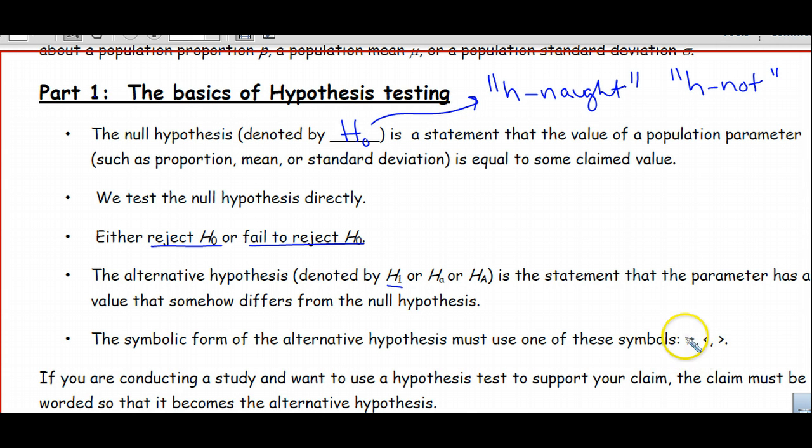So equality is always going to be in the H naught. If you're conducting a study and want to use the hypothesis test to support your claim, it must be worded so that it becomes the alternative. So usually the claim will be the alternative. Very rarely will we see the claim in the null, but more often than not, we should try to make sure that the claim is in the alternative.